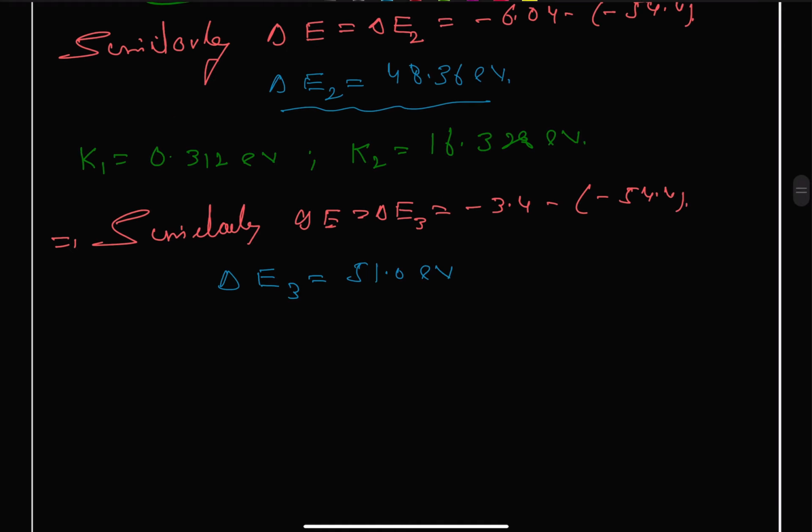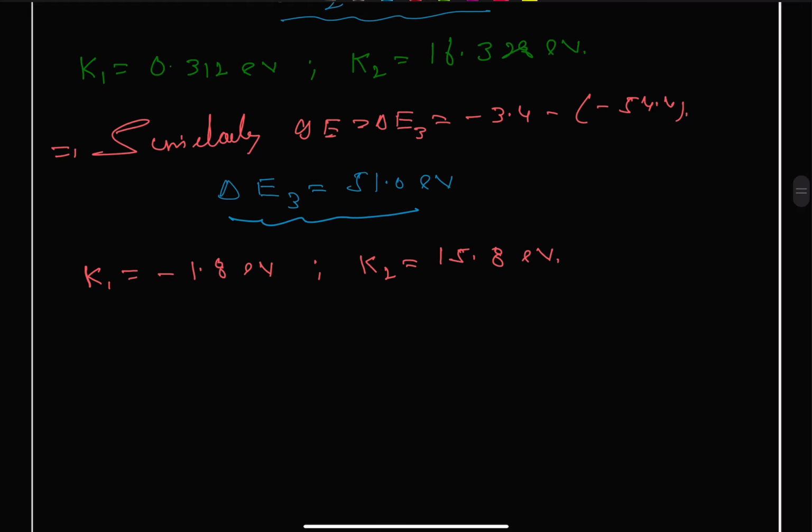So based on this delta E3, we are going to get another set of K1 and K2. We get K1 is equal to minus 1.8 electron volt, and we get our K2 is equal to 15.2 electron volt. Which basically means, because for this particular value of our delta E, we found out that one of the values of the kinetic energy is negative, which is not allowable.